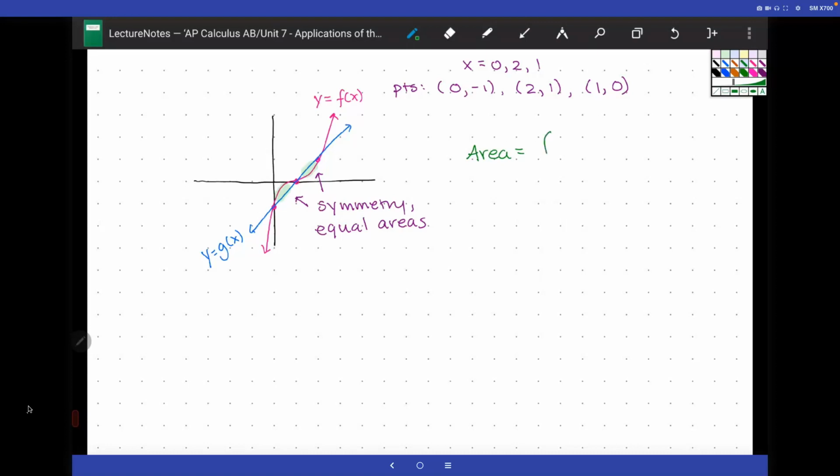If we look at the lower area, I'm trying to think how I want to write this. Let's just do this so it's clear what we're doing. So we're going to double the lower area. So let's focus on that.